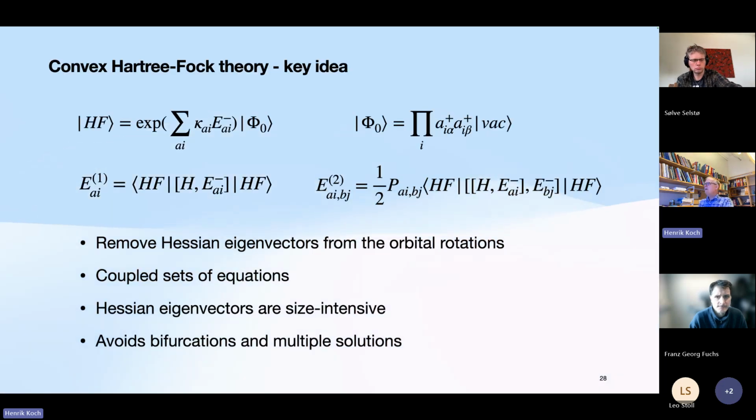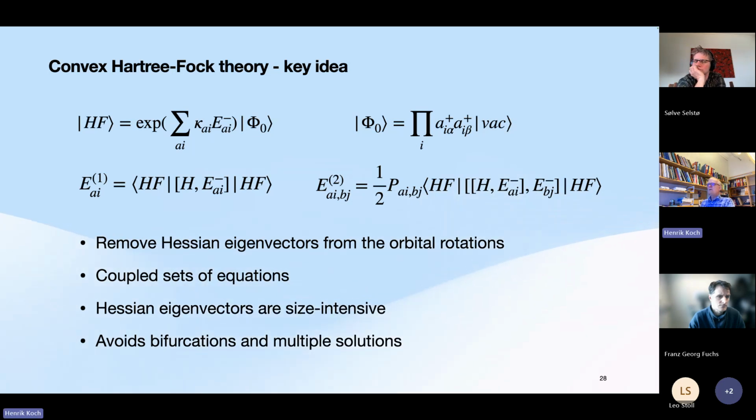And the same key idea can be used here, is that once we optimize the Hartree-Fock state, then we can project out the components of the Hessian that we have here in E2 that have small eigenvalues or almost zero eigenvalues. And we can remove those from the Hartree-Fock parameterization that we have in terms of the exponential here and the kappa operators.